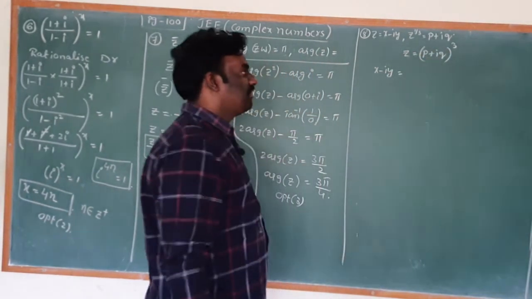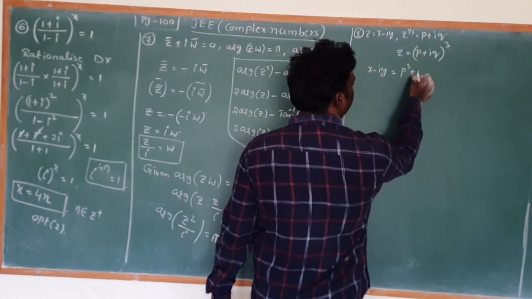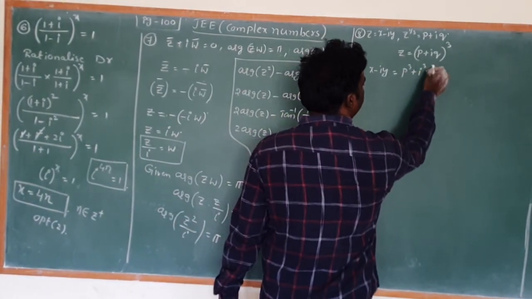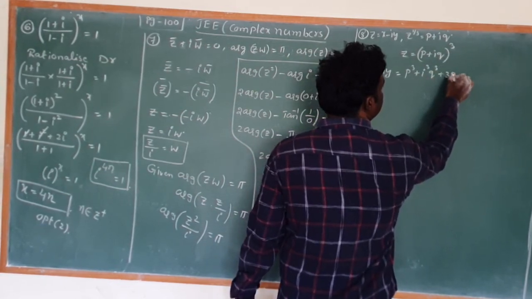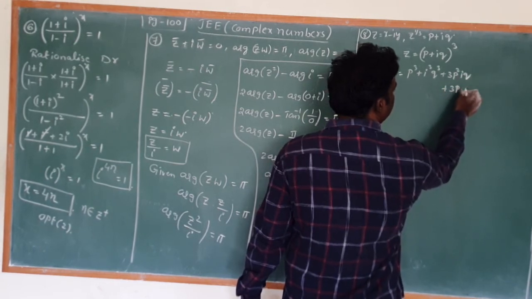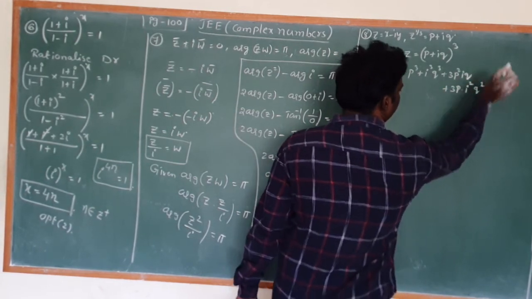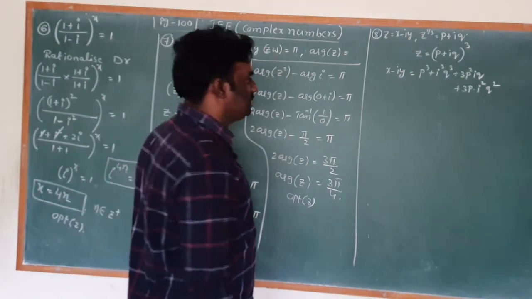This is in the form of a plus b whole cube: a cube plus b cube plus 3a square b plus 3a b square.